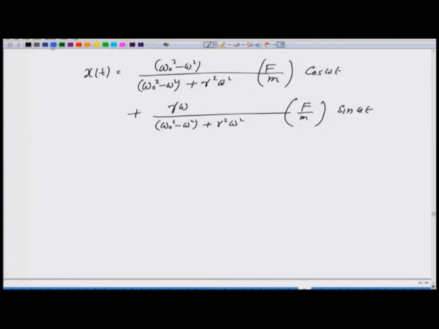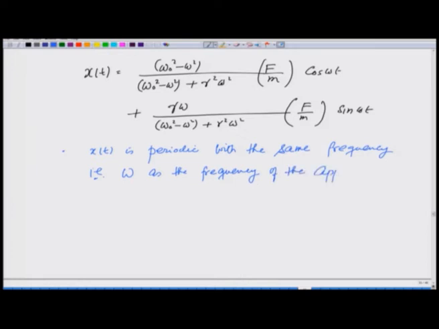So, I know this motion is periodic. Let us observe that, right. Number 1, x t is periodic, and it is periodic with the same frequency, that is omega, as the frequency of the applied force, right.